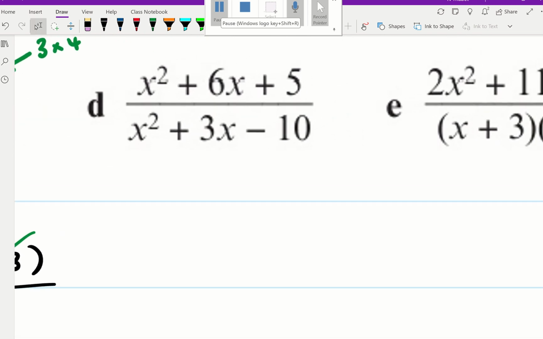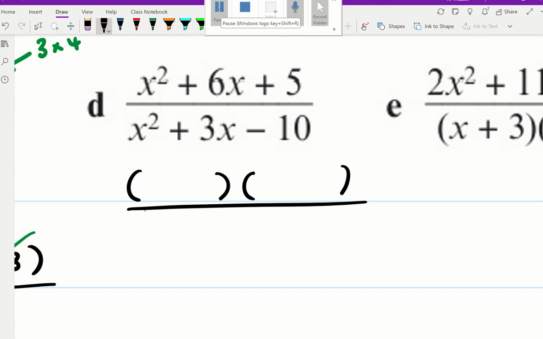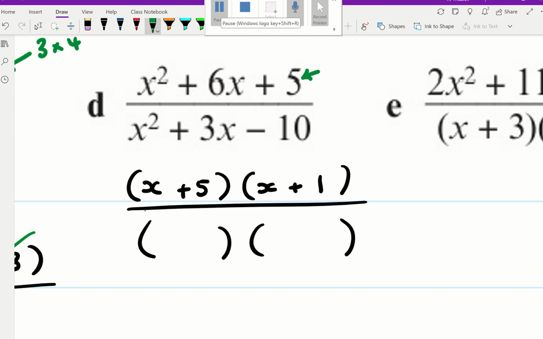And part D, I'm going to factorize both the top and the bottom because they're both quadratics. So this is x plus 5 and x plus 1. Those are the only factors of 5, because 5 is a prime number, and they add up to make 6. And then the factors of 10: 10 and 1, 2 and 5.